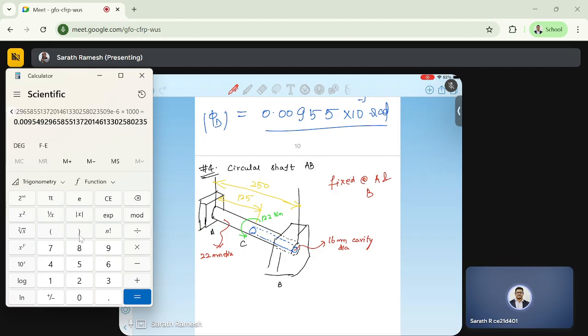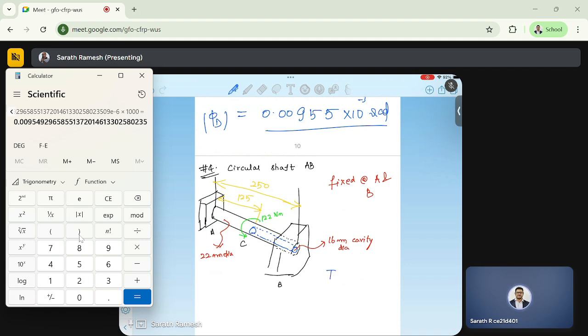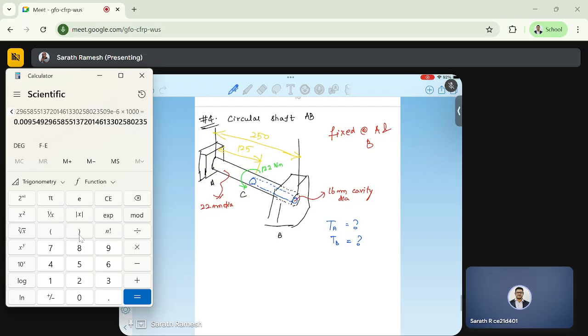These are all given. What we need to find is the torque exerted on the shaft by each of the supports, that is torque in support A and torque in support B. That's it. So this is the question.